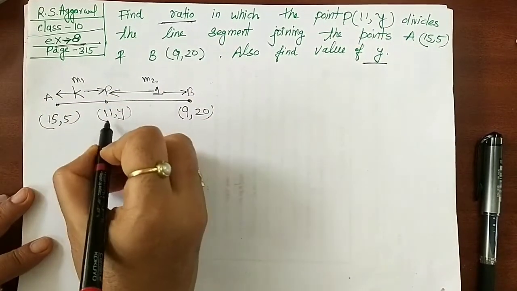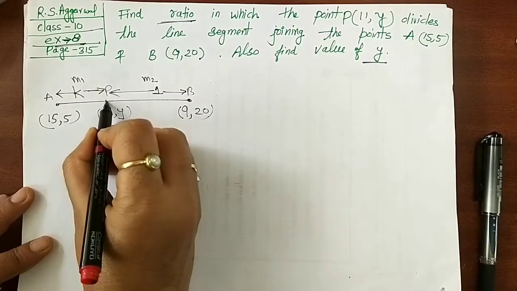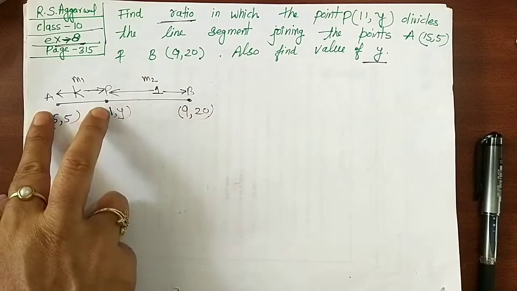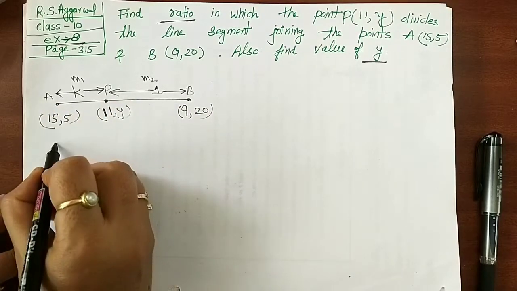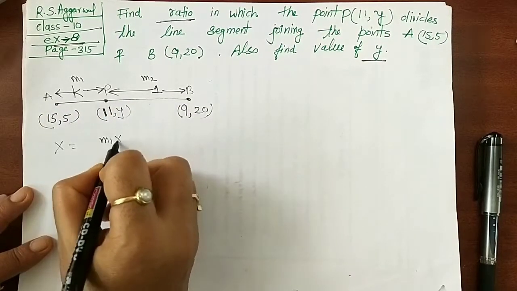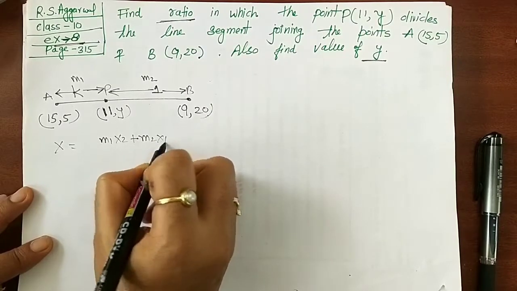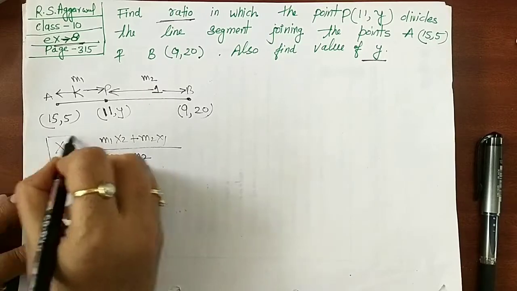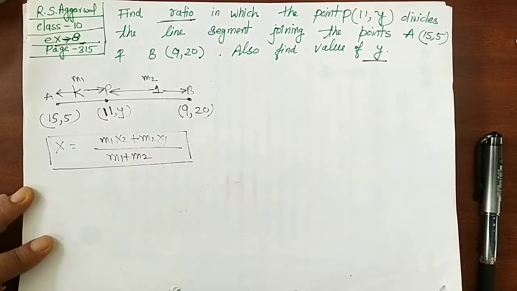So let's apply the formula. This is the point which is dividing the whole line in the ratio k into 1. So x should be (m1 x2 plus m2 x1) by (m1 plus m2). This is the formula.